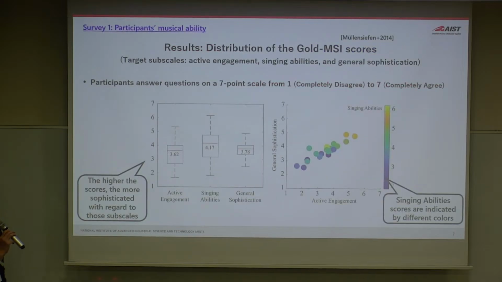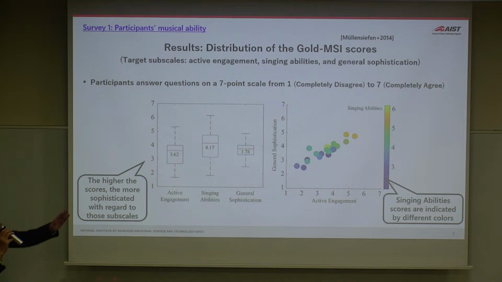So we can see the distribution of Gold MSI scores of the participants. We focus on 3 subscales: active engagement, singing abilities, and general sophistication. The higher the scores, the more sophisticated with regard to those subscales. In the right-hand side figure, singing ability scores are indicated by different colors.